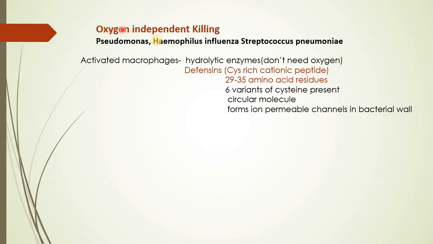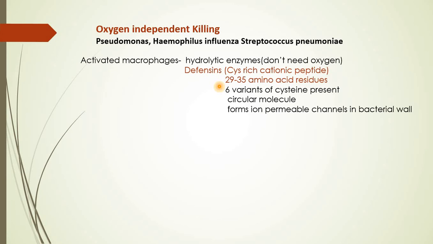In the absence of oxygen, the hydrolytic enzymes commonly showing their action are called defensins. The important property of defensins is that they are cysteine rich cationic peptides containing 29 to 35 amino acid residues.